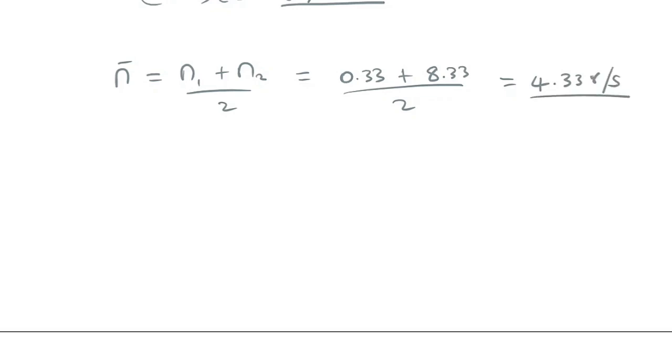Then you take this 4.33 revolutions per second and multiply by the time, which is 3 seconds. Here the seconds cancel, and you are only left with revolutions.